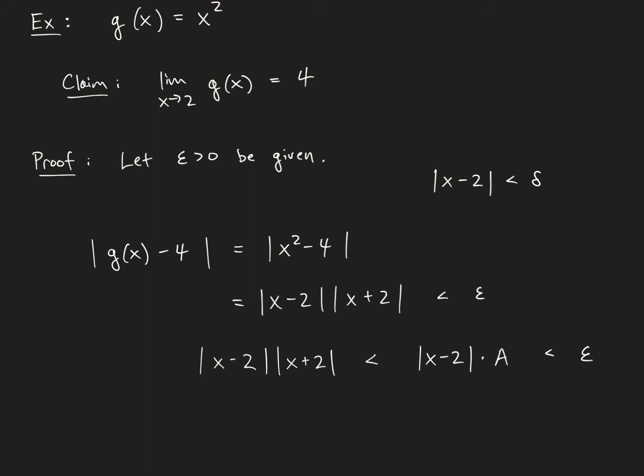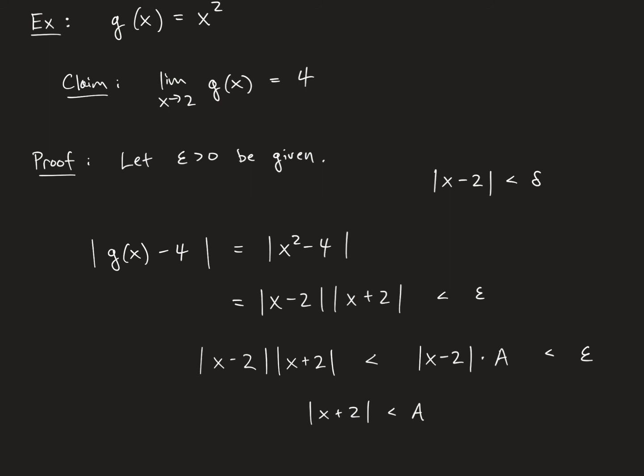So if we can replace this thing here by a number, in other words, if we can say that the absolute value of x plus 2 is less than some number a, then we can put an inequality in here, and once we have a number there, we can make that less than epsilon just by making the absolute value of x minus 2 less than epsilon over a. So what we need is to control the absolute value of x plus 2, which is really the distance between x and negative 2.